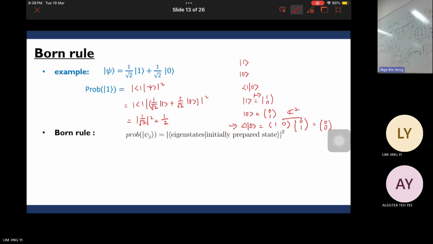So if you want to calculate the distance here, let's put S to be equal to the map. I think I should write maybe <u,v> equals <Pu,Pv>, if I'm not wrong.